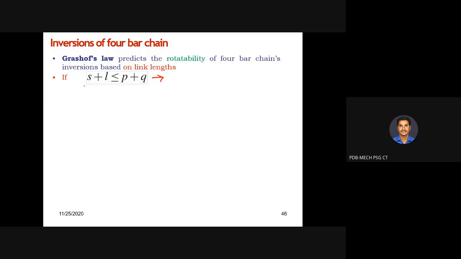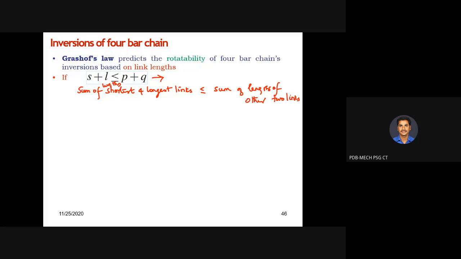Just try to understand, the sum of the shortest and longest links should be less than or equal to the sum of the lengths of the other two links.